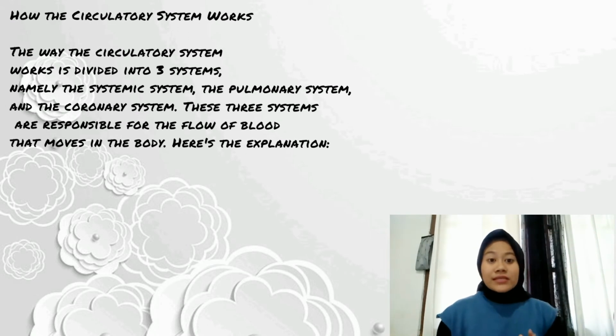Okay, the next is how the circulatory system works. Here, the circulatory system divides into three systems, namely the first is the systemic system, the second is the pulmonary system, and the third is the coronary system.